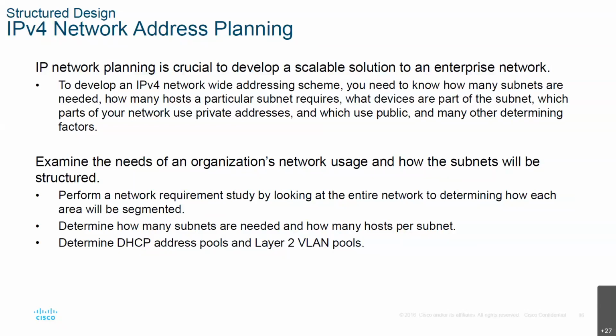What are the public addresses that I need to use? For example, my company is going to use a Moodle server, and it has to be on a public network. It has to be on the public DMZ, so that the internal network can access it, as well as the external network.